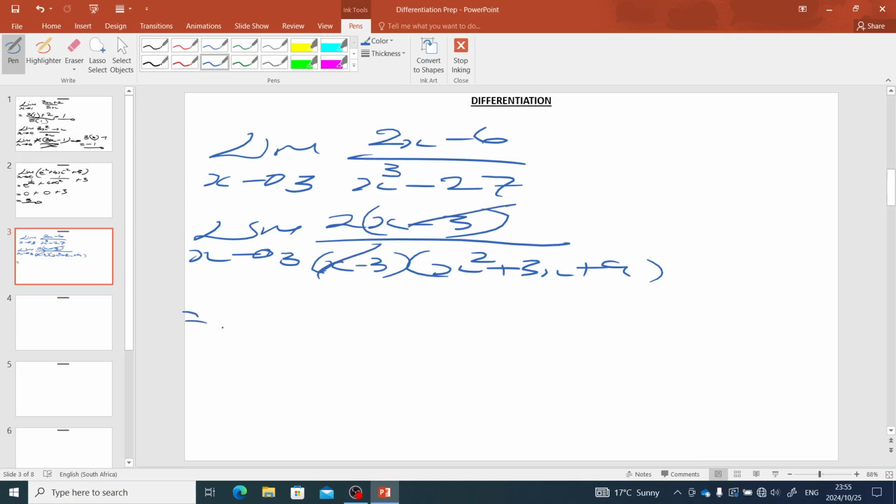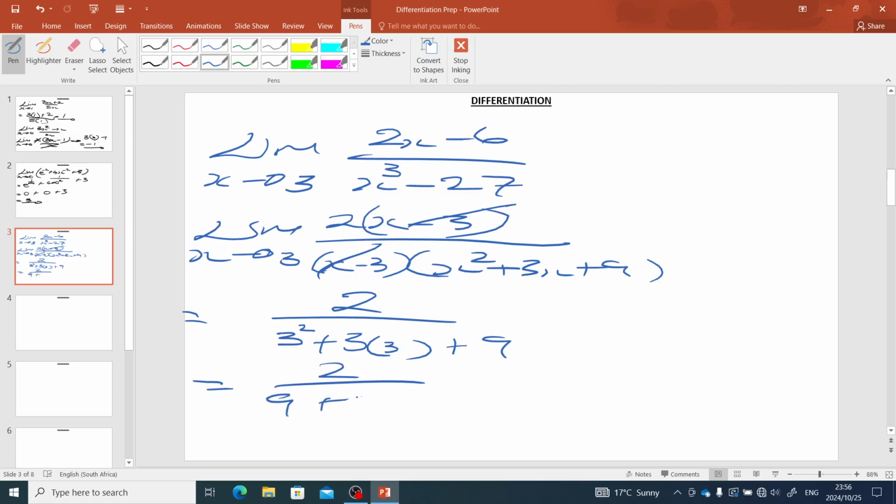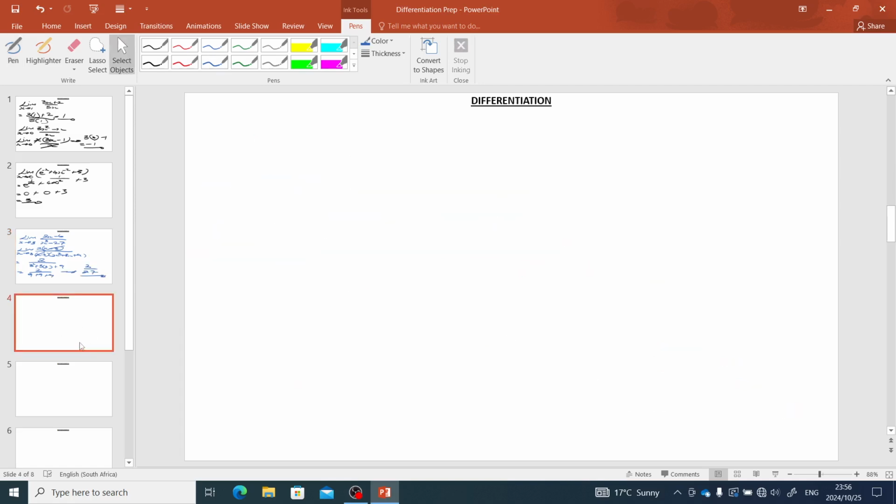Then when we do the direct substitution, we'll have 2 divided by 3 squared plus 3 multiplied by 3 plus 9. Then we will have 2 divided by 9 plus 9 plus 9, which equals 2 divided by 27. That would be your answer.